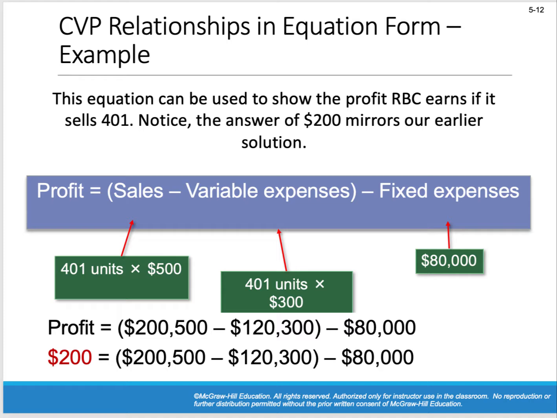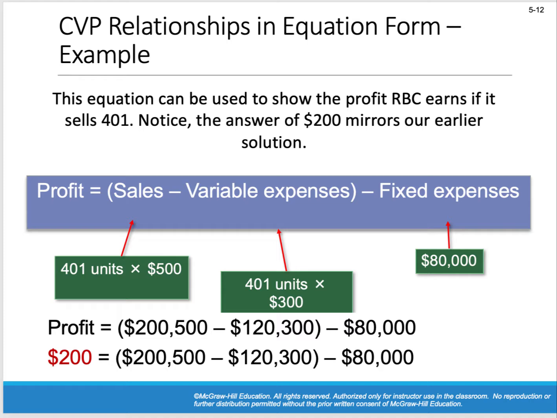Then we subtract out our fixed expenses. Now, keep in mind that fixed expenses are never, ever expressed on a per unit basis when we're doing CVP analysis. Why? Because of the definition of fixed expenses and how they behave.